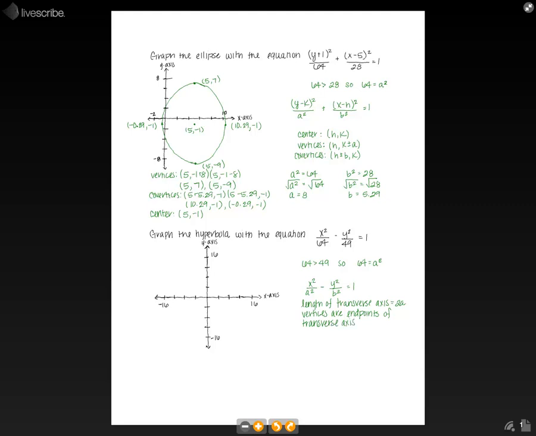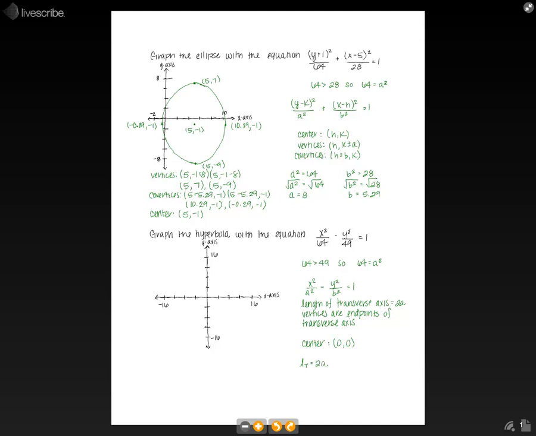We know that the center of this hyperbola is going to be at 0, 0 because there's no h or k in our equation. We can find the vertices by using what we know about the transverse axis. The length of the transverse axis, let's call that L sub t, is equal to 2a.